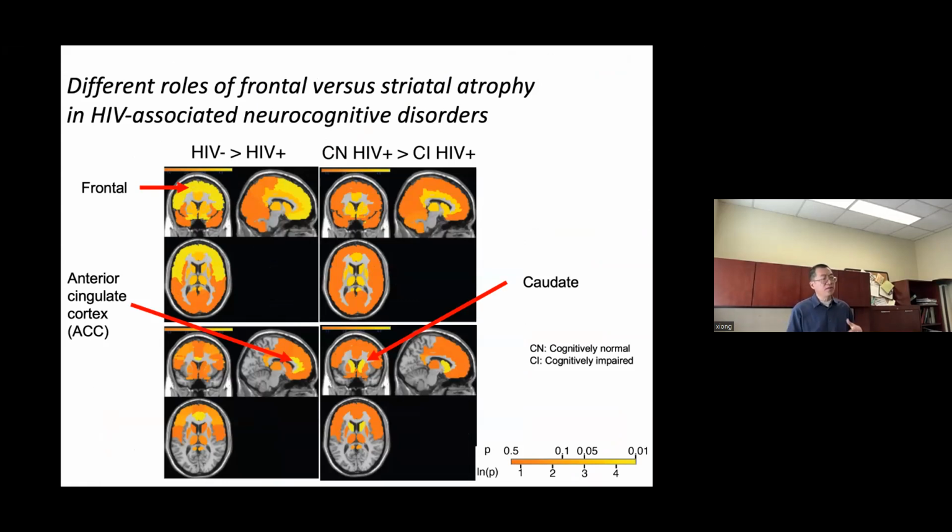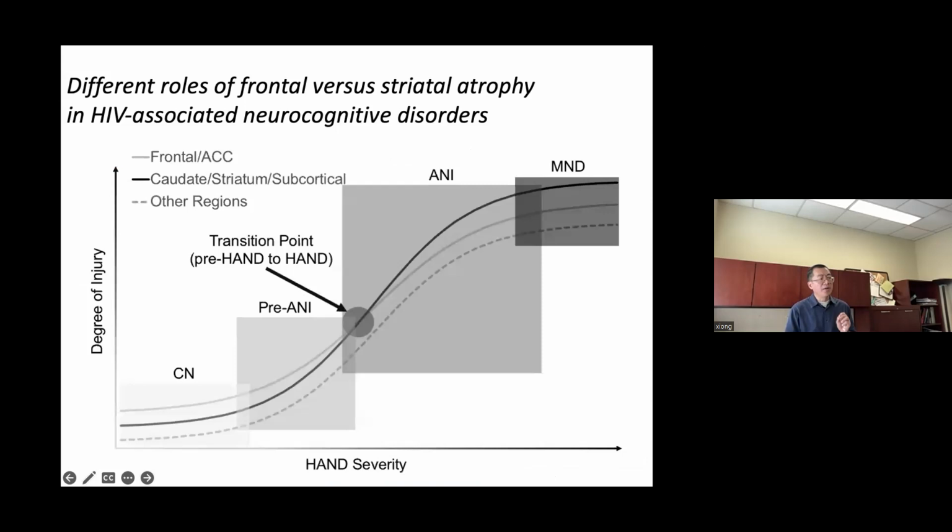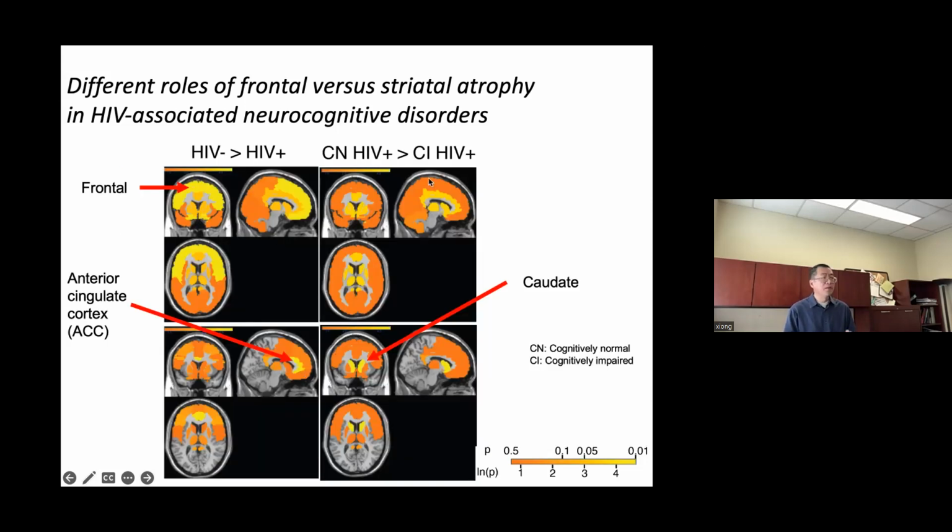And within the frontal and also subcortical regions, if you look at the individual subregions, the cingulate cortex, especially the anterior cingulate cortex, seems to be the most consistently affected region in the patient population.